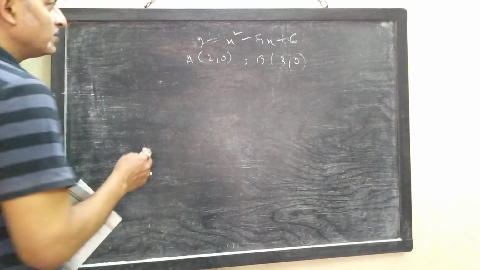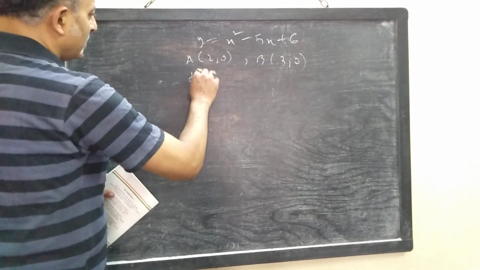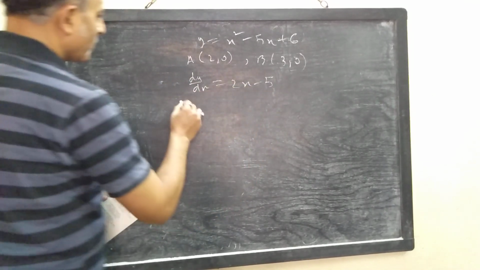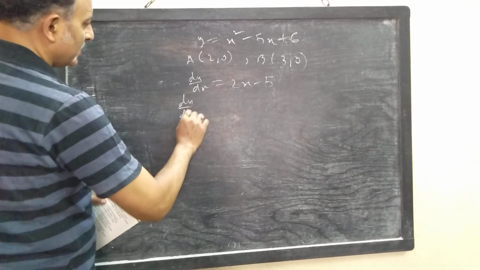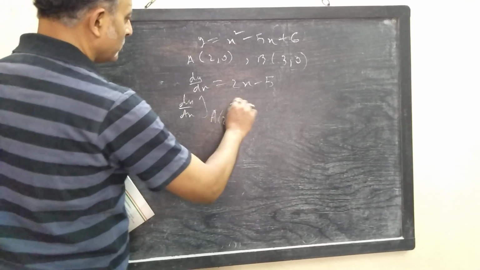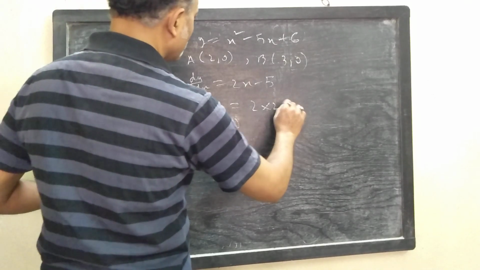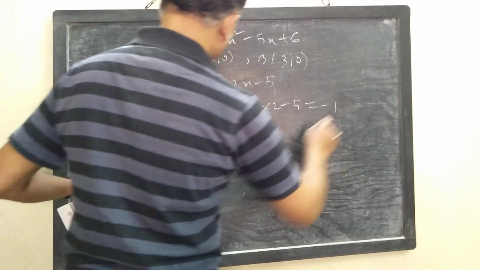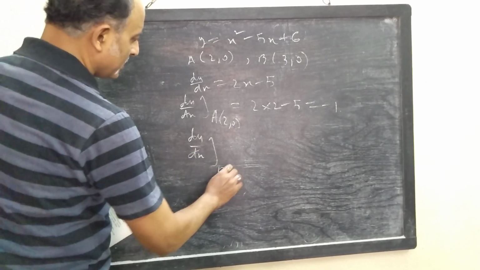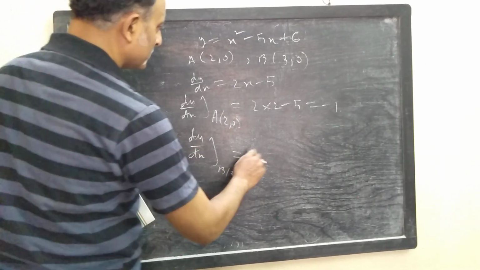So similarly, first find dy/dx. This is 2x minus 5. Find dy/dx at A, that is (2, 0). This will be 2 into 2 minus 5, which is -1. Next find dy/dx at B, that is (3, 0).